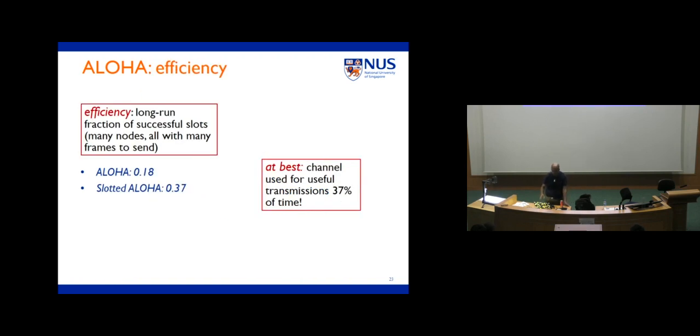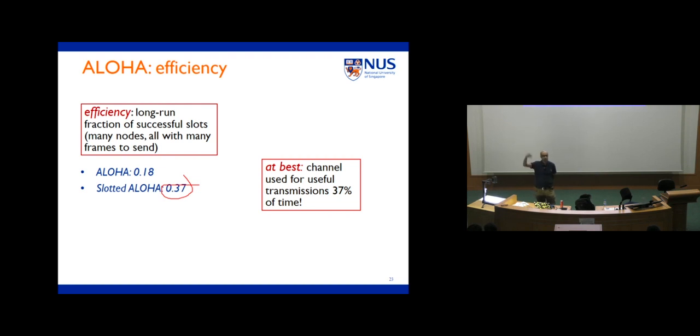It turns out that for slotted Aloha, the best you can do is 0.37. That means at best 37% of your slots will be successful. That means 63% of your slots will either be wasted or they will have collisions.